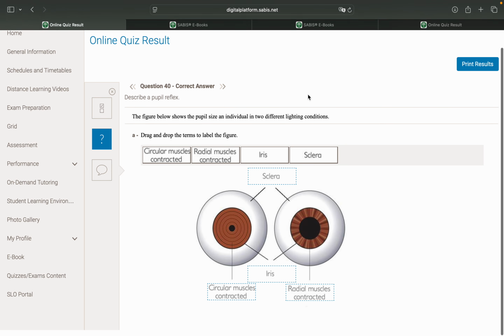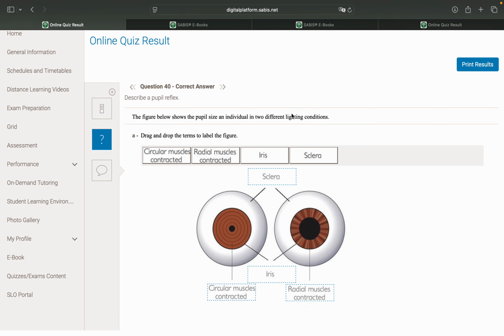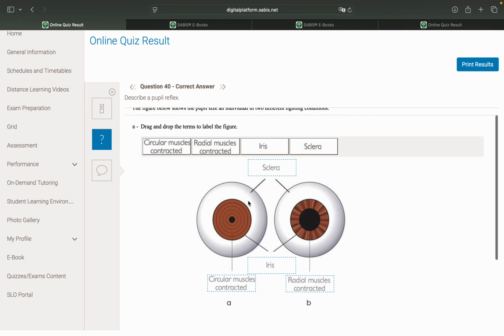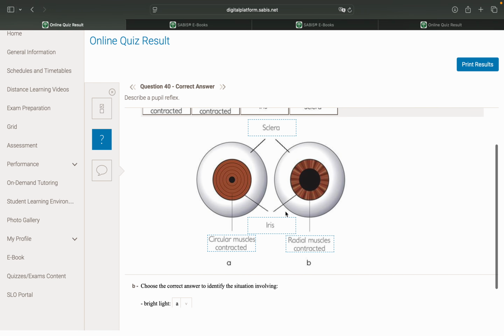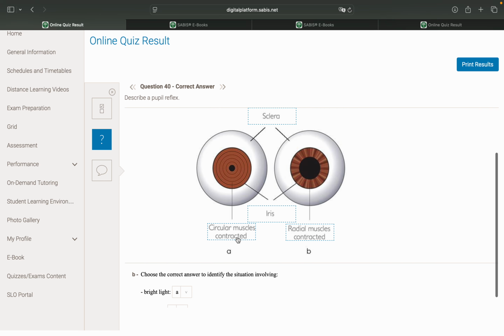Let's just see some questions in the quiz for chapter 7. So, as we said, this white part is the sclera. This is the iris. The radial muscles contracted and the circular muscles contracted.